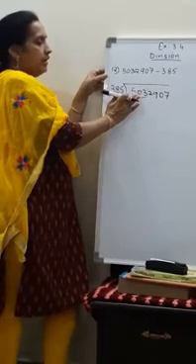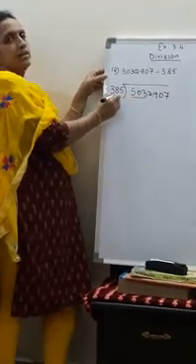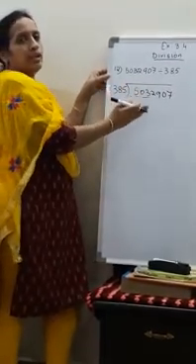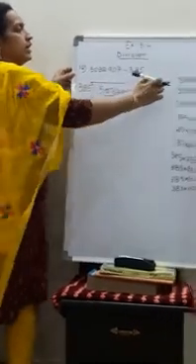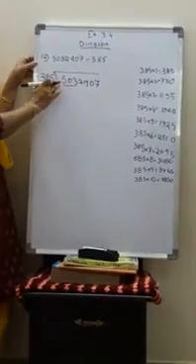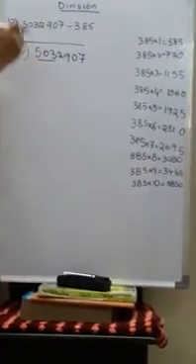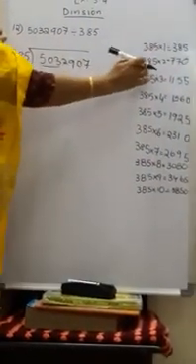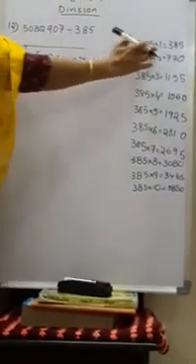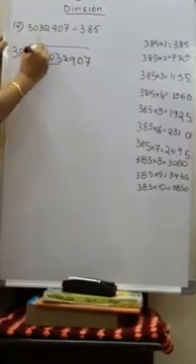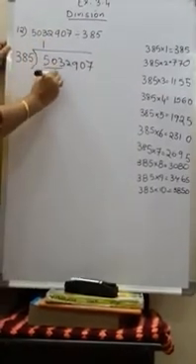Suppose the 3-digit number is smaller than the divisor, then you need to take a 4-digit number. Clear, children? So check in the 385 table where you will get 503. If you are not getting 503, then take the smaller value. Here 385 twos are 770, which is bigger than 503. So take 385 ones are 385.